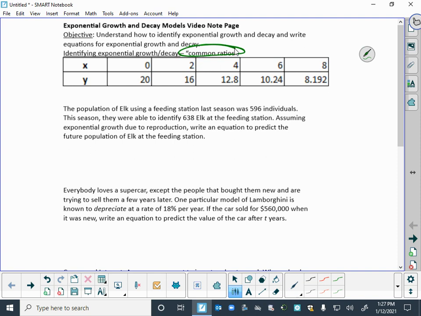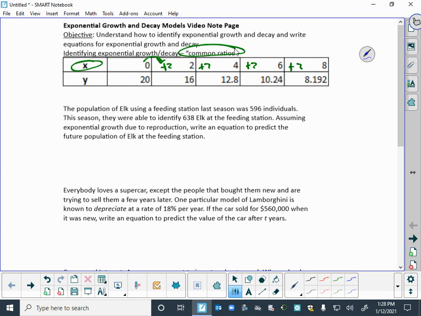The first thing we have to do is make sure that we have been multiplying by the number the same amount of times, and so we want equal spacing in our x values up here. And we can see that these are going up by 2 every time. So I'm adding 2 there, add 2 to get there, add 2 to get there. That's going to make this a little bit tricky down the road, but it is important to be able to identify that this is exponential growth.